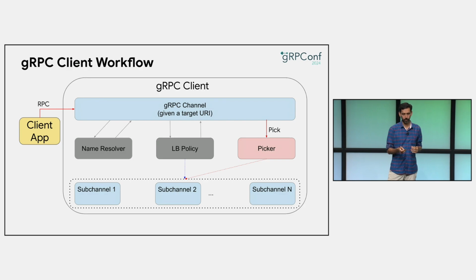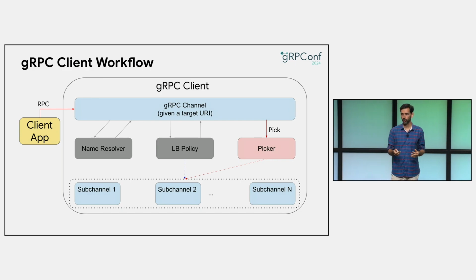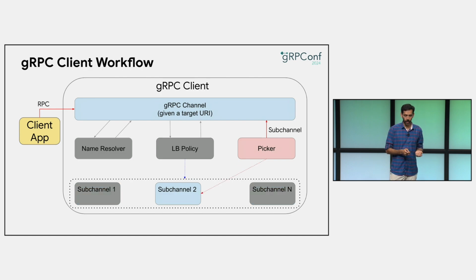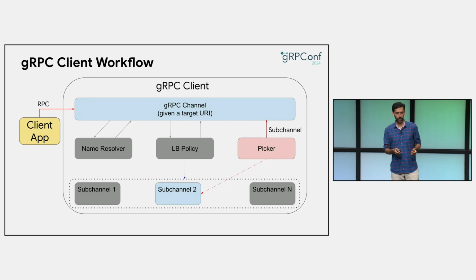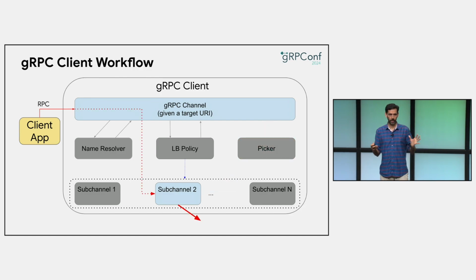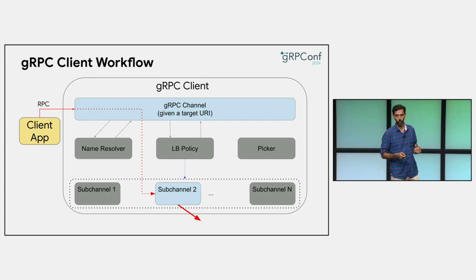So when an RPC is made, the gRPC channel calls the picker. The picker will look at the ready subchannels, and it will pick one based on whatever algorithm or policy it's using. Once a subchannel is returned to the channel, the RPC actually makes its way out of that subchannel. So this is a high-level overview of where LB policies sit in the overall picture.